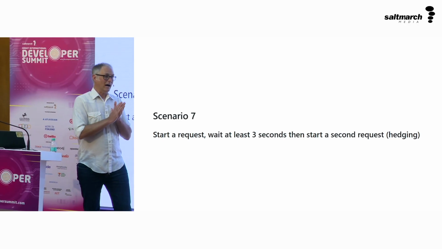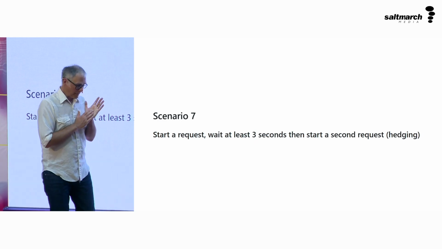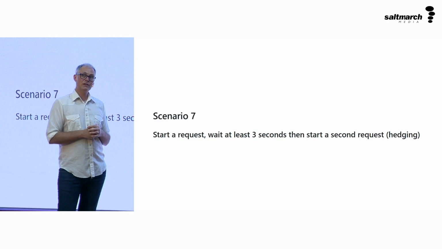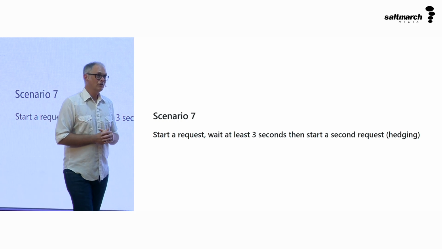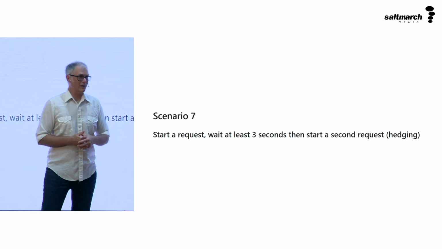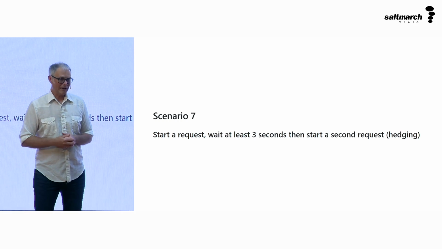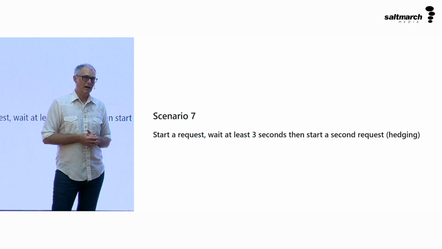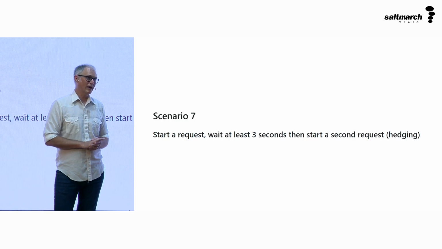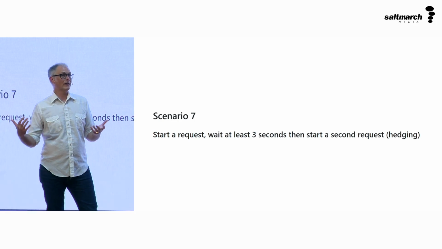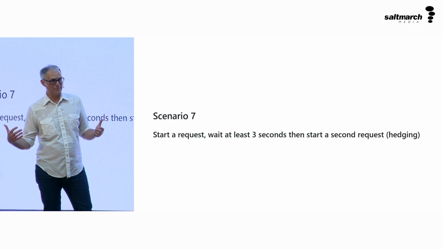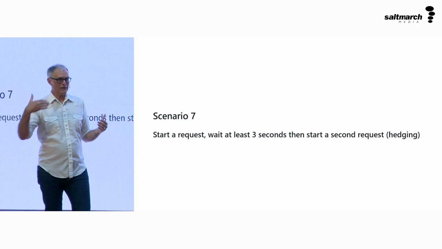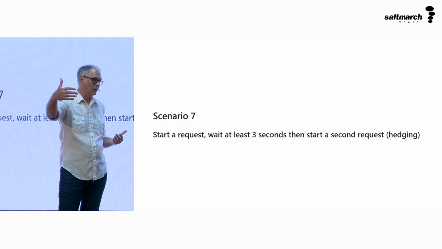Okay, so hedging. Let me put it this way. Google uses request hedging in a lot of their infrastructure. And so back to the question earlier about what I was motivated by, I was thinking about how, working at Google, Google in a lot of their infrastructure uses request hedging. The way that they use it is that a request comes in, and I think this is primarily for reading resources.